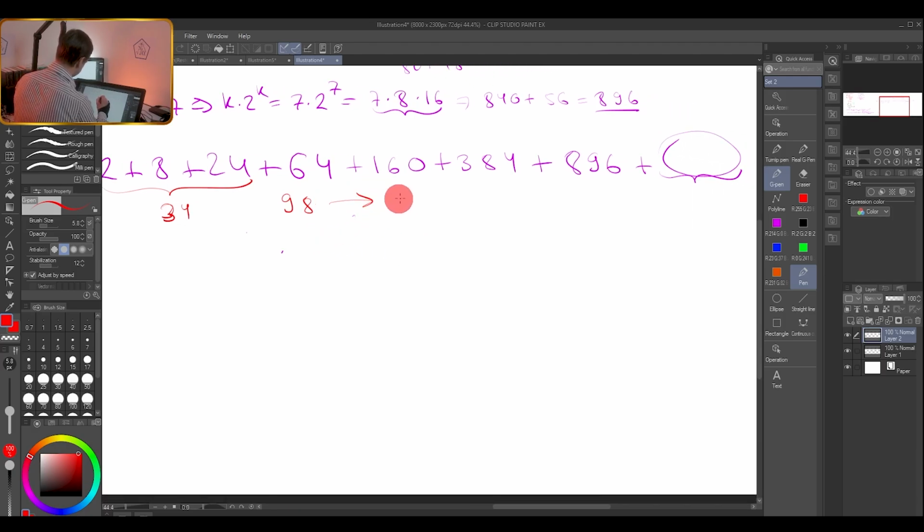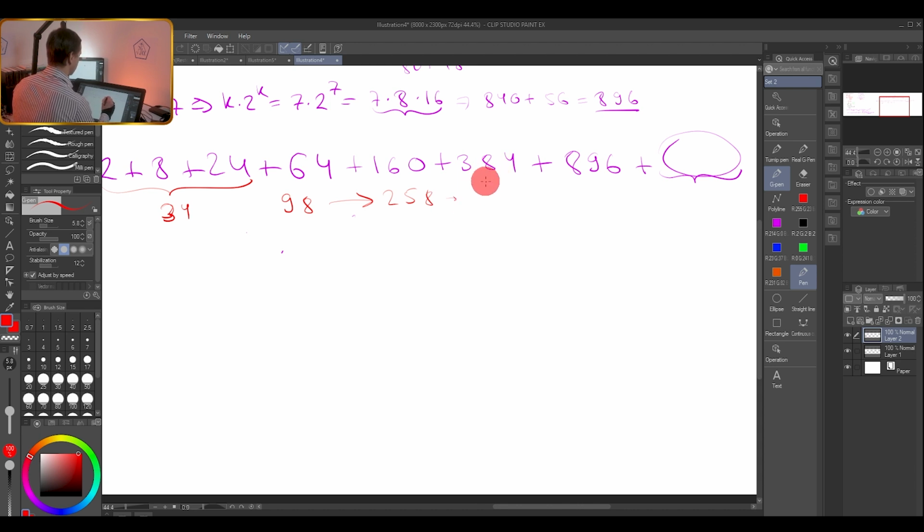This is difficult algebra, unfortunately, but it is a part of AIME. In some math competitions it's not the case, but here you will have to do it if you want to successfully complete the problem. 160 plus 98 is 258. Let me double check. Yeah.